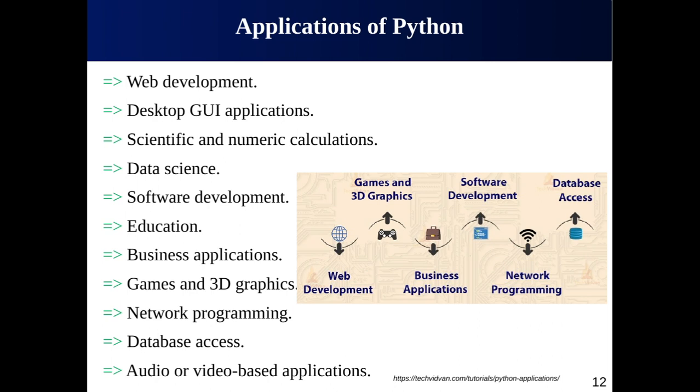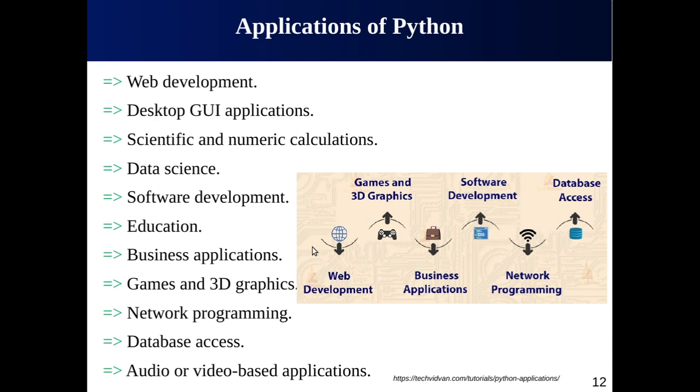We are living in an era where data is generated at a rapid speed by human beings, by different machines, and by industries. So the problem is how to store the data, how to process the data, how to make the data meaningful, how to visualize the data. For that, we can use the Python language.